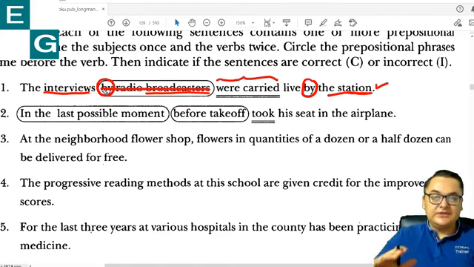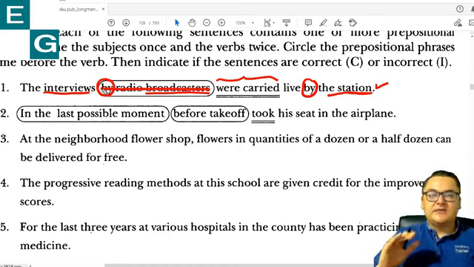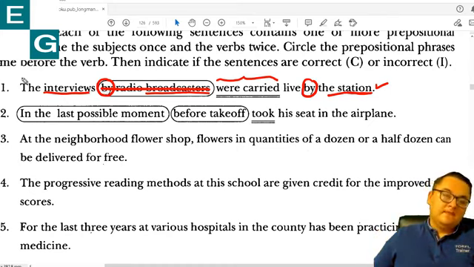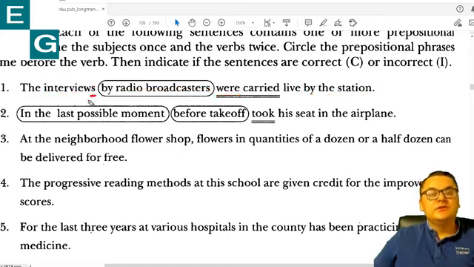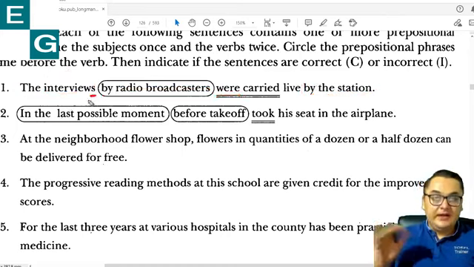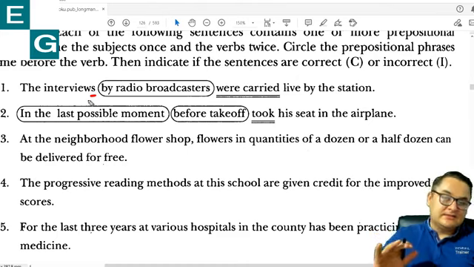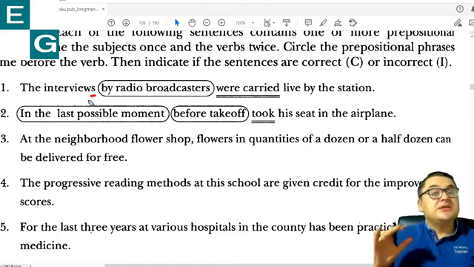I'm going to just think about it as something I don't need to focus on. Then I have the interviews, which is the noun, meaning also the subject, and the verb. The verb is in plural. The noun is in plural because it says the interviews. So this sentence is correct. There is an object in this sentence.